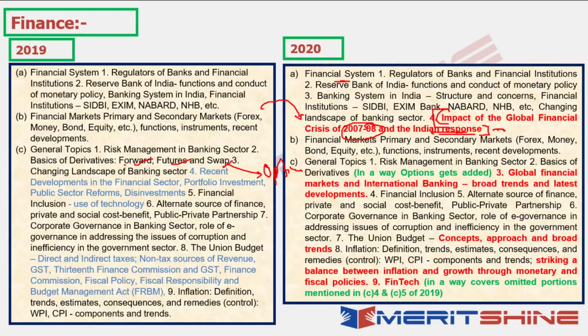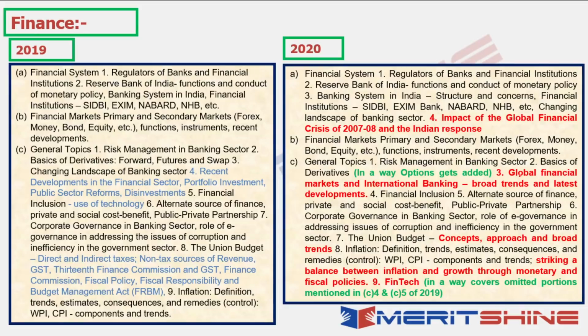One thing is that we will now have to look at all derivatives, whether it is option, forward, future or swap. In a way, option is one of the most important derivatives, and I'm sure that if you had been learning derivatives, you had been learning options too. But if you had not, then it is high time that you learn options also. But this is a minor change.